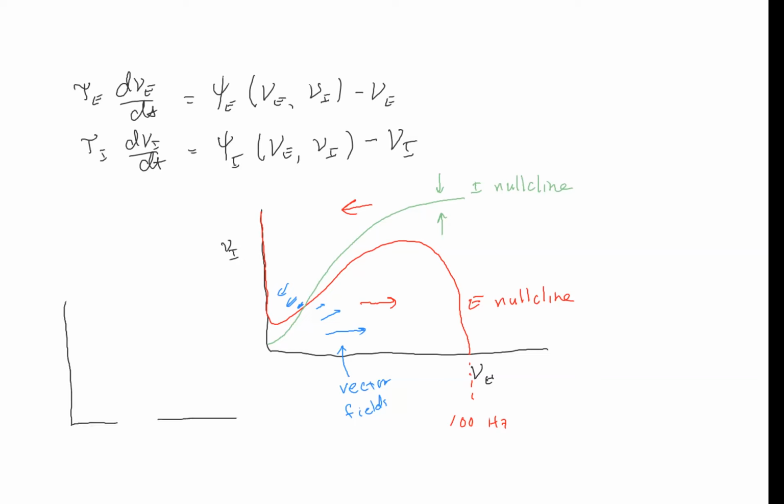In the time domain, this is time. So we have excitatory firing rate, ν_E. It goes up a little bit. It kind of oscillates, and maybe it's damped, maybe not. But what's happening is that when excitatory firing rate goes up, inhibitory firing rate also goes up.